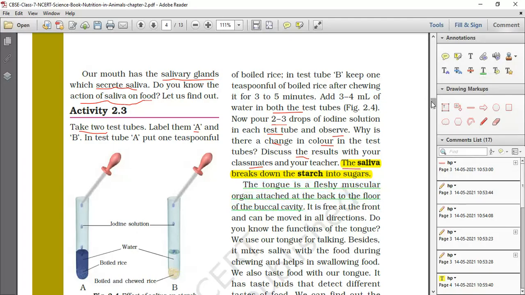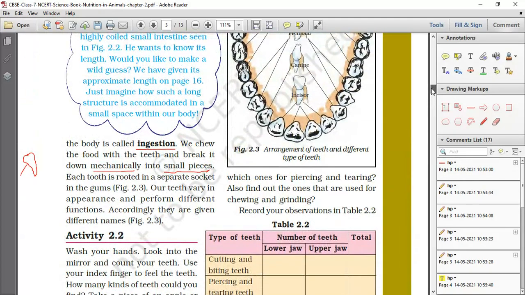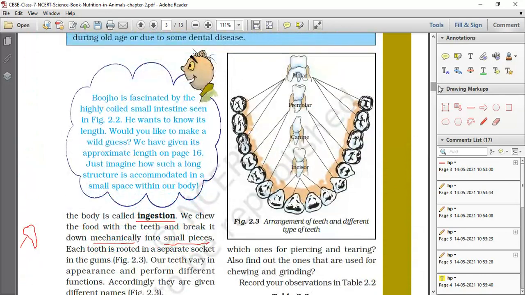As you can see here, these are your teeth and here your tongue is present. It is a muscular organ attached at the lower zone.